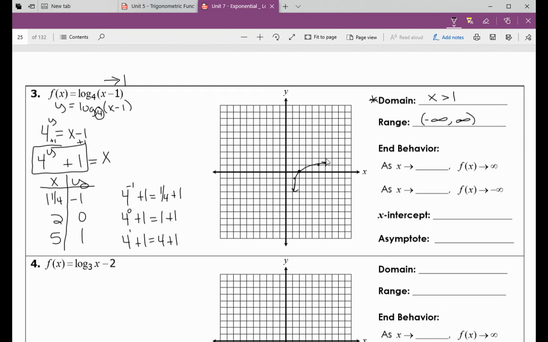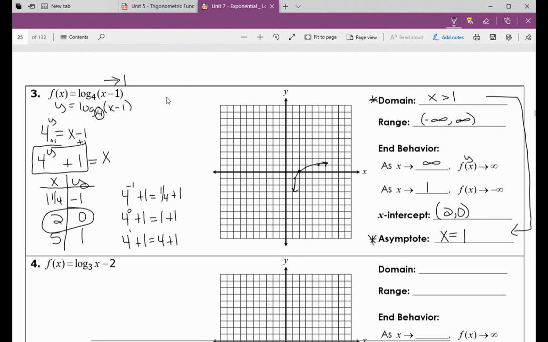Positive infinity would be this arrow. So as x approaches infinity, so does the y value. As x approaches 1, because this time we have moved our domain over. Our x-intercept we can get out of our table, which is (2, 0). And then the asymptote also changes. Remember, the domain and the asymptote have to stay together. So that would be x equals 1.